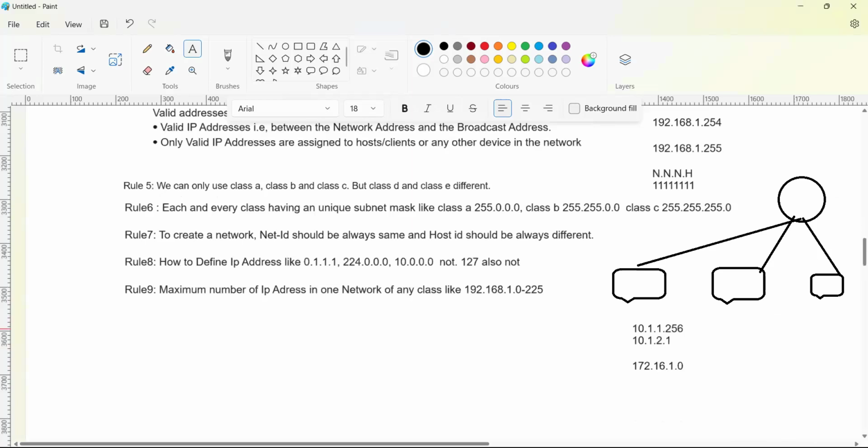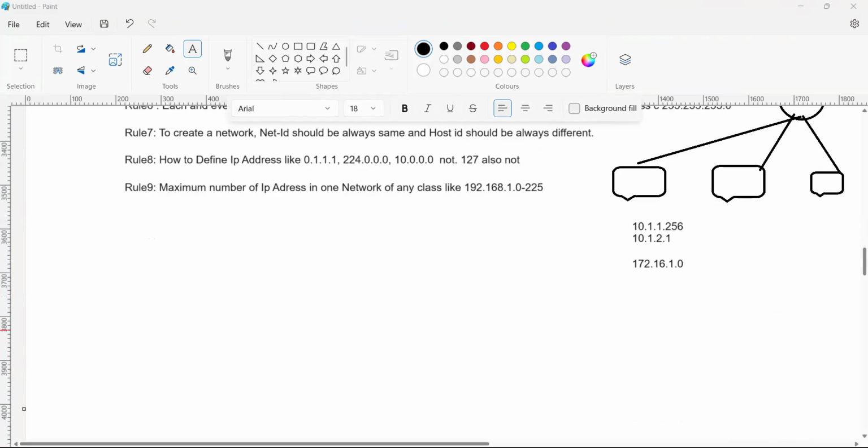See, not only the 192.168 range, we can use a private range and a public range. If you ask, I'll explain those things in the next topic. 192.168.1.1 is a class C private IP address.